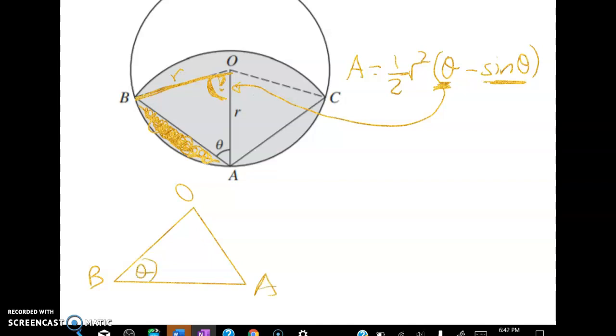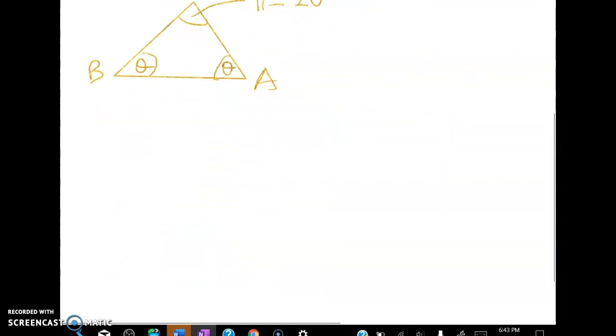We know we've got theta here, and we've got theta here. Angles in a triangle add up to 180 or pi, so this angle is pi minus 2 theta. That's going to give me the area of one of those sectors, and I'm then going to need to double it. Sorry, segments, right?